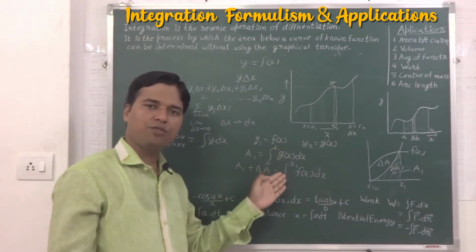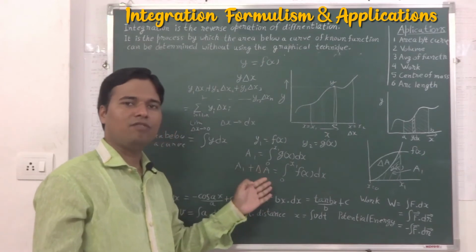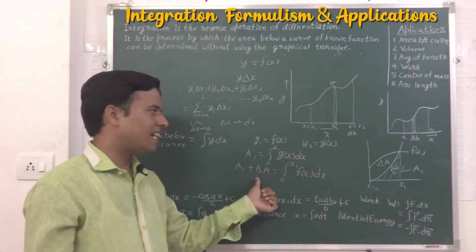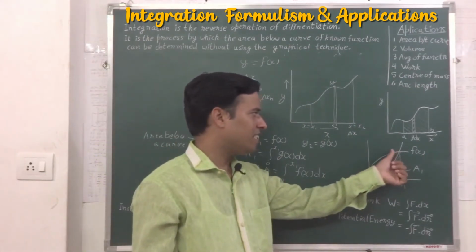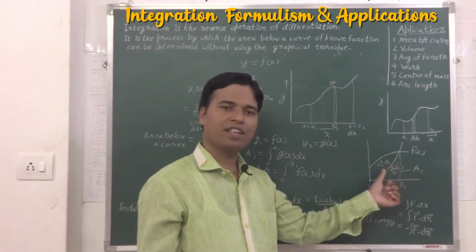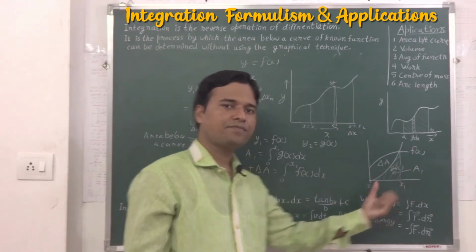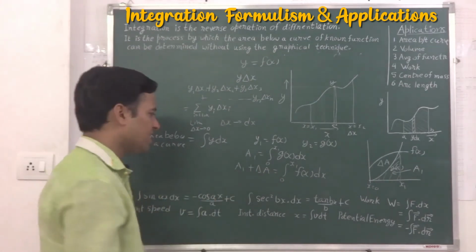Now dear students, you have two equations and you can calculate the value of delta A, which is the area between the first function and second function in the given region, which is the required answer.